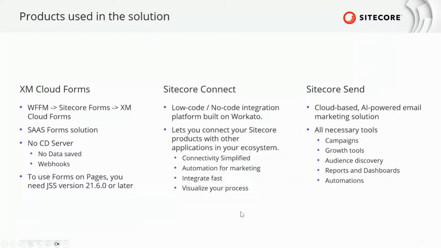Some of the properties are simplified connectivity, automation for marketing, and fast integration. You can visualize your process for each and every Connect project or recipe which you are making, and see what is happening with your data.